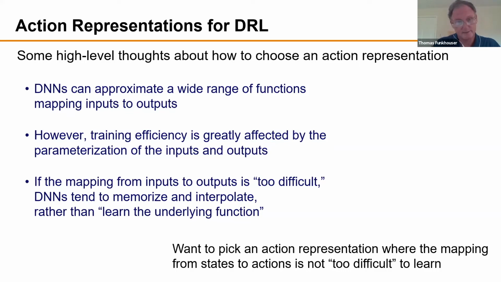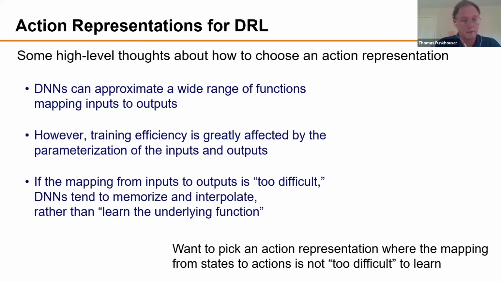And the training efficiency can be greatly affected by what the parameterization of the inputs and the outputs are. And if the mapping from the inputs to outputs is too difficult, then the deep neural network tends to memorize and interpolate rather than to learn the underlying function, probably due to the limitations of the optimization of the weights.